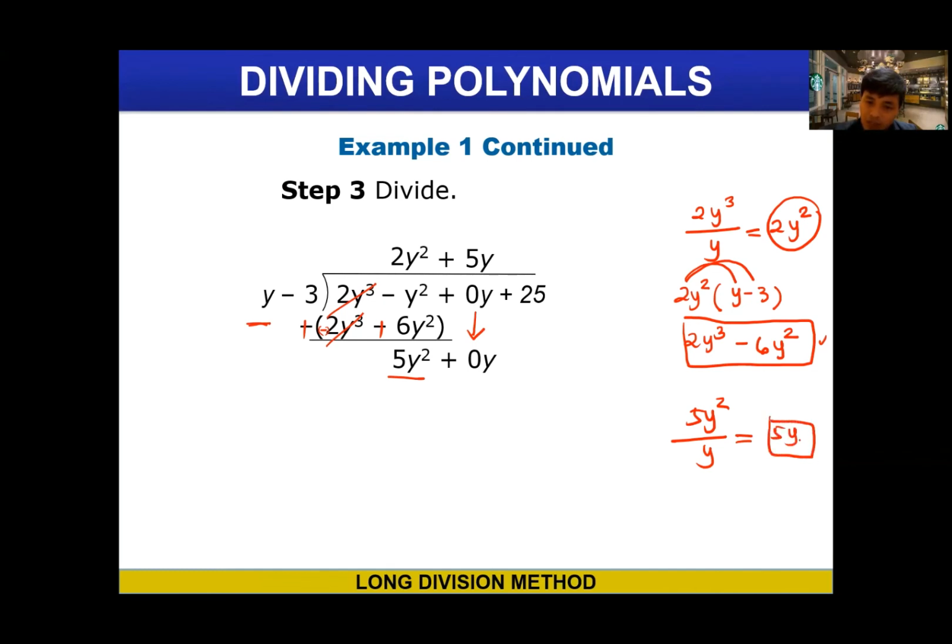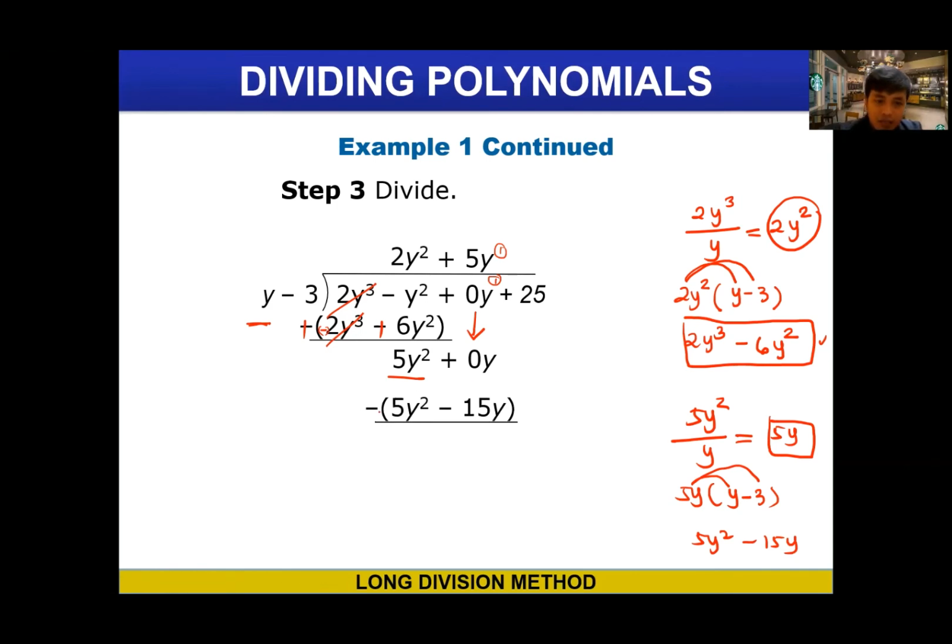Where will I place this? 5y will be placed here. As you can see, we have exponent 1 here as well. After that, we're going to multiply this to our divisor. That's just a repetition of the process. So 5y times y is 5y squared, and 5y times negative 3 is negative 15y. So we will place it here.